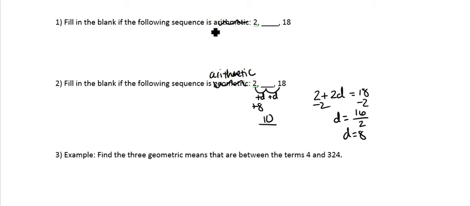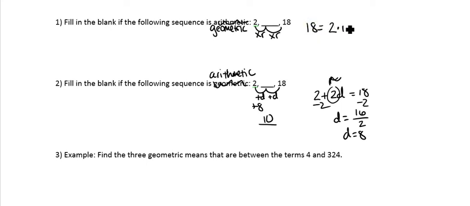Okay, for geometric, it's different because you're multiplying. It's very similar in the fact that you have two terms between. So this was like your n, if you can imagine. That was the number of terms you had in between. So here you're multiplying by your ratio, okay? So your first term is 2, and your ending term is 18.